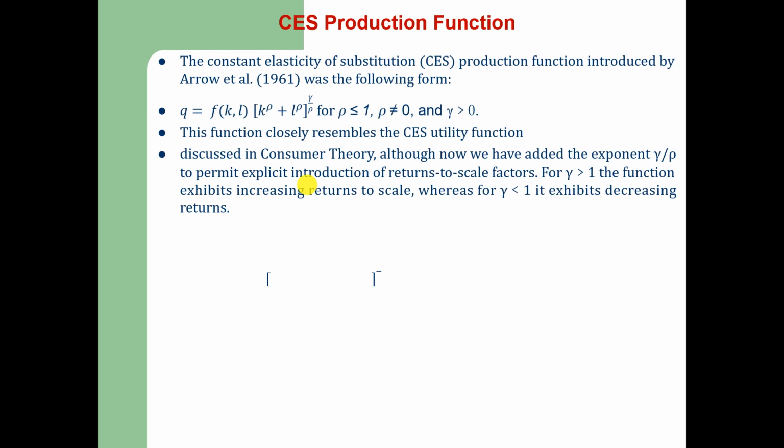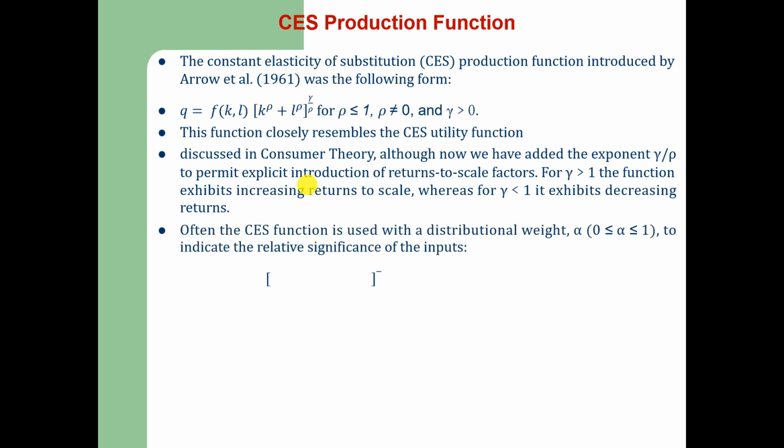For gamma greater than 1, the function accords to increasing returns to scale, and if gamma is less than 1, then it accords to decreasing returns to scale, and in case gamma is equal to 1, then there will be constant returns to scale.